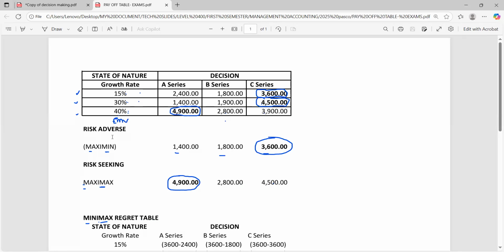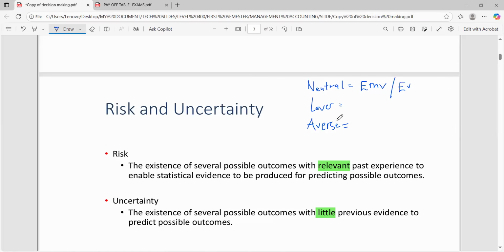So a risk averse person will use what we call the maximin. And then someone who loves risk or a risk seeker will use the maximax. Someone who loves risk is positive. So if it is profits, you'll be using maximax.